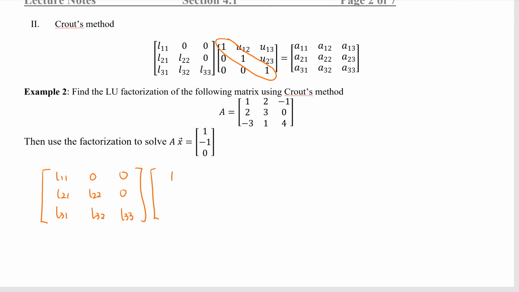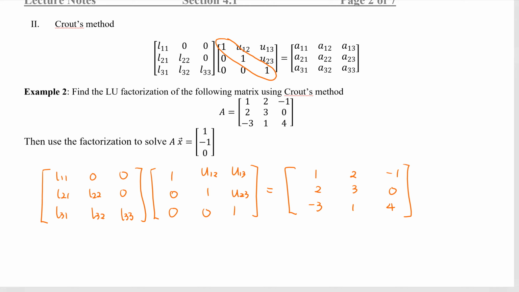And then U, diagonal elements are 1, and the lower triangular is just zeros. And then we have U12, U13, U23. That equals our matrix A. A is 1, 2, minus 1, 2, 3, 0, minus 3, 1, and 4. So far, so good, everybody?